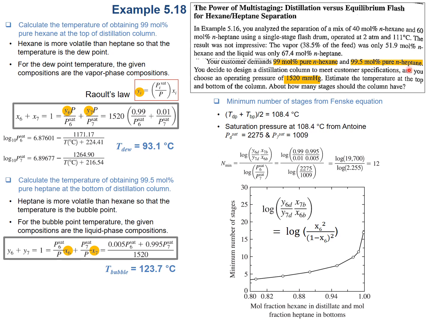If you had used the single stage flash column, we would have obtained only 52% hexane and less than 70% heptane. So 12 stages of this process are required for reaching the higher purity of hexane and heptane we want to obtain. That is the example for the distillation tower.